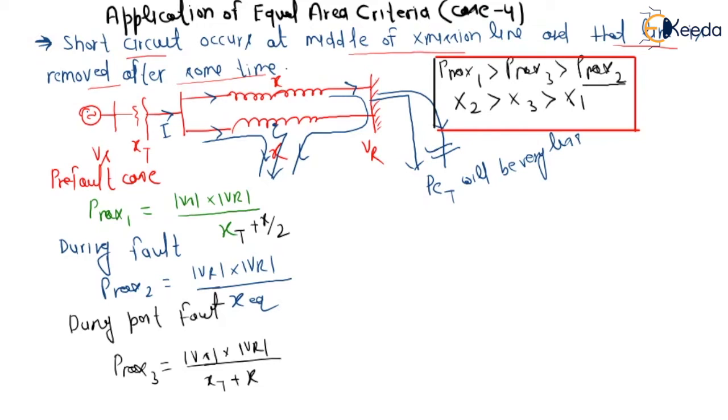Now we are going to draw the P-delta diagram for this. For the P-delta diagram, this is the y-axis and this is the x-axis. This will be P and this will be delta. Now I am going to draw one by one.